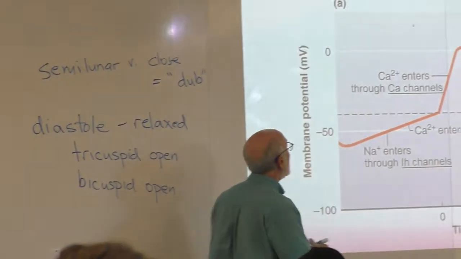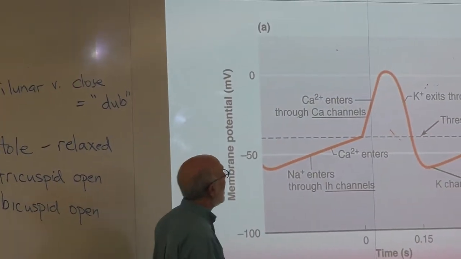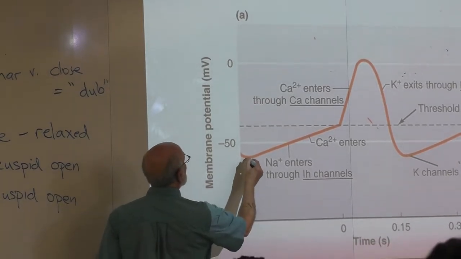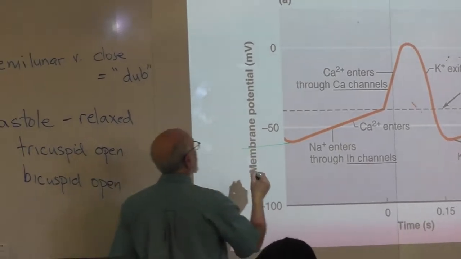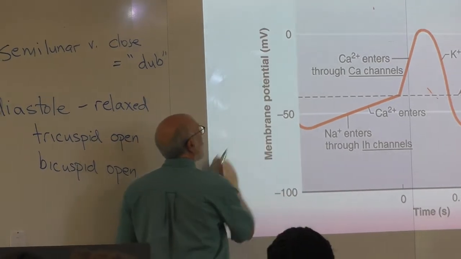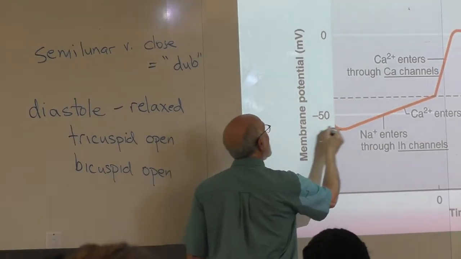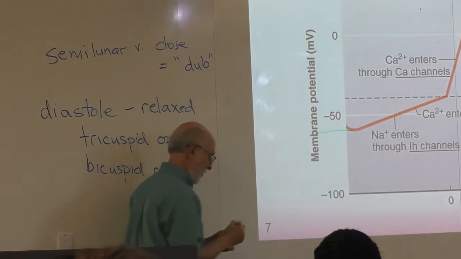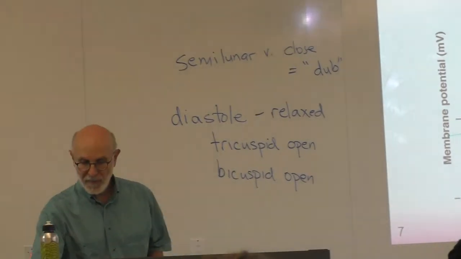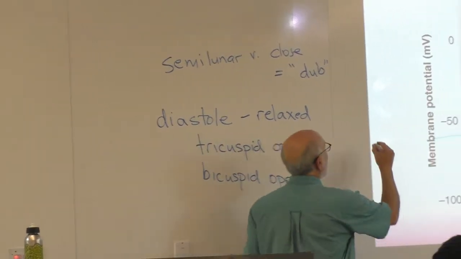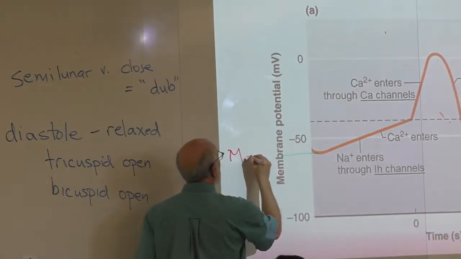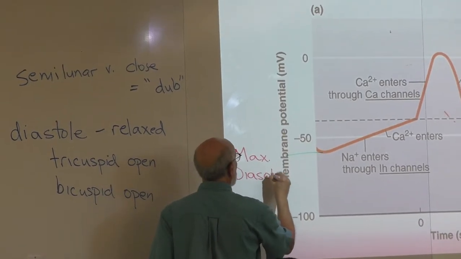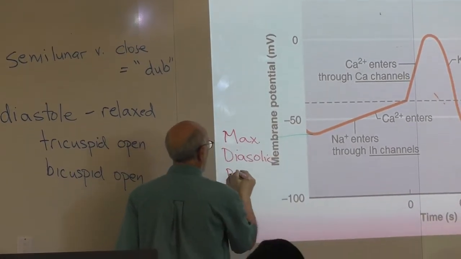So here we have, we call this the maximum diastolic potential.